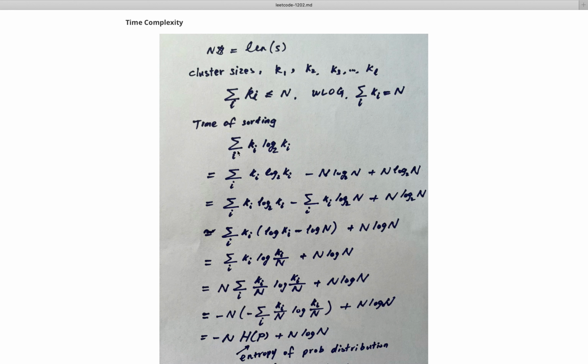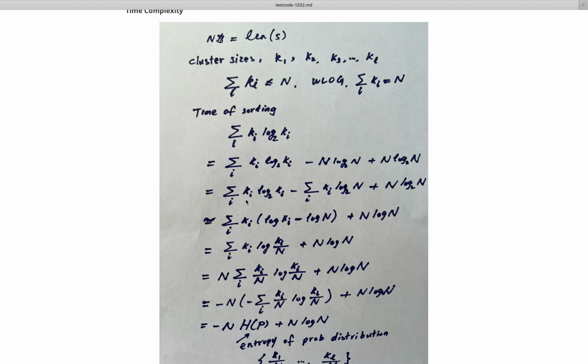In order to make connections with this capital N, in the first equality, we're subtracting n log n, then adding this n log n. Nothing changed, right? And then in the second equality, we're writing this capital N as a summation of ki, right? Then we want to group the first two terms together. Notice that I'm using an up-to-a-constant symbol. Also I changed this log2 to just any valid base log.